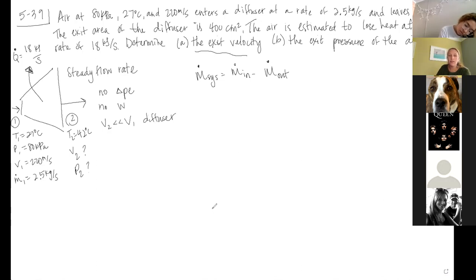Since this is a steady flow device and we can assume steady state, our mass change in the system is 0. There's no accumulation. This should be very familiar based on fundies and engineering to you. There's no accumulation of mass. Our mass flow rate coming in has to equal our mass flow rate going out. And the nomenclature that I've chosen for this problem, that would be m1 is equal to m2.